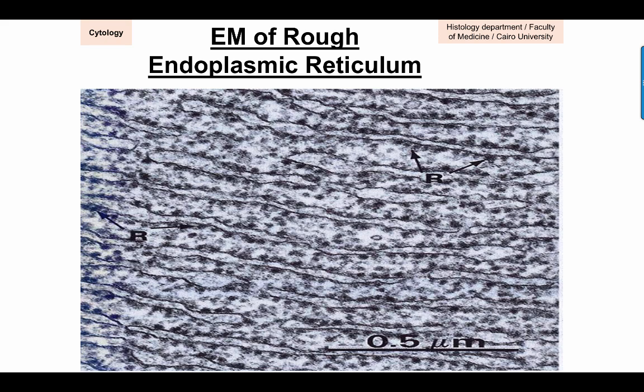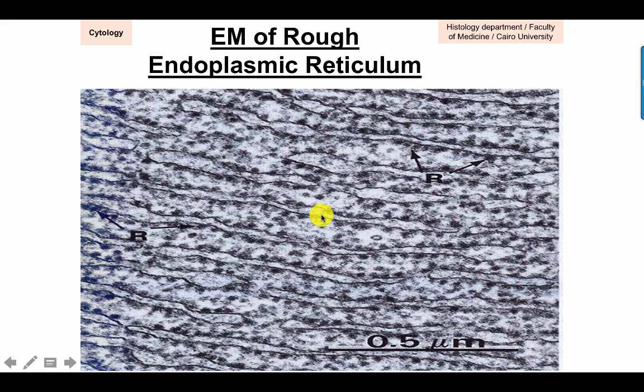Now we will move to another membranous organelle, which is the endoplasmic reticulum. The endoplasmic reticulum is of two types. One is near the nucleus and is studded with ribosomes, so it is rough and is called rough endoplasmic reticulum. It is characterized by having flattened cisternae covered with ribosomes on the surface.